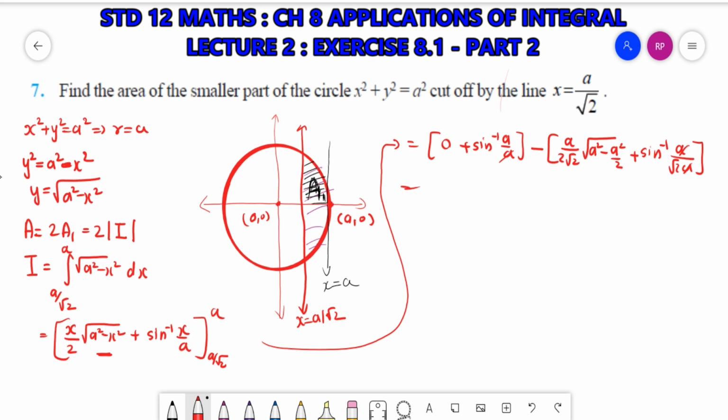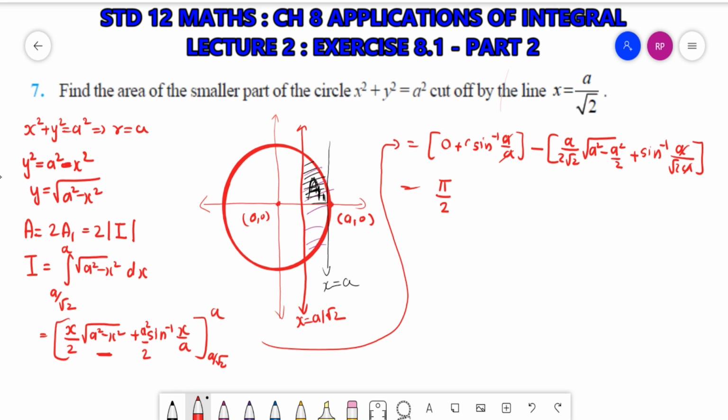So sine inverse a by a will be equal to pi by 2. Sorry, here there is a mistake. Here it will be a square by 2. So let's change it here.